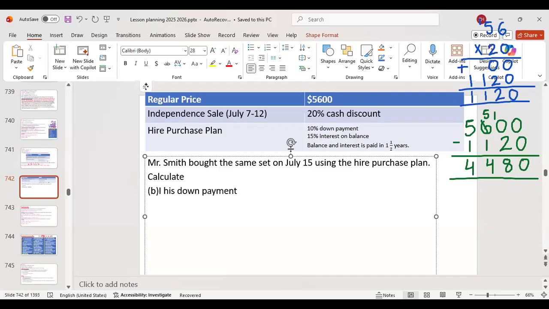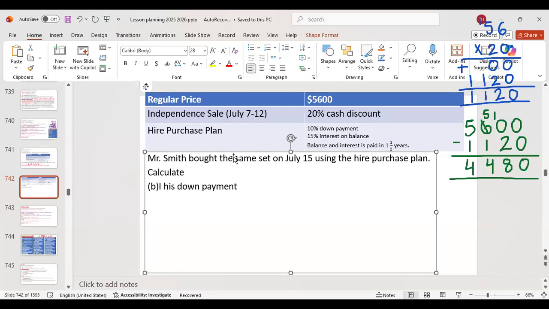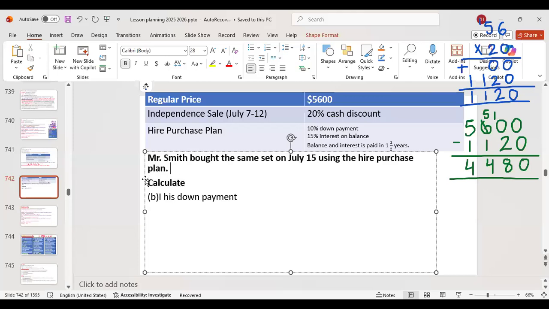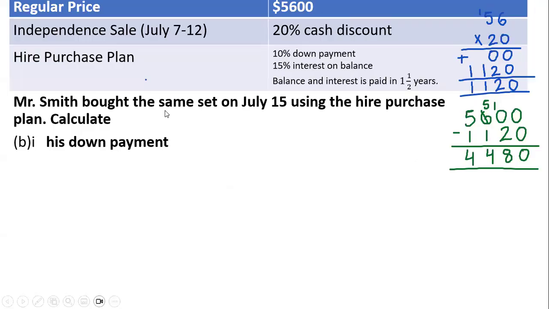So we want to do his down payment. So how are we going to calculate his down payment? This is B I. Okay, so how are we going to figure out his down payment? Anyone can answer. How are we going to get his down payment?